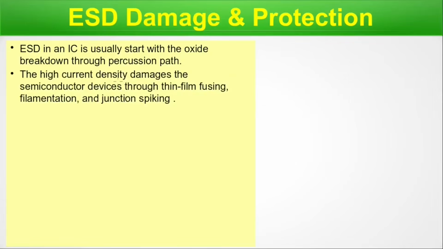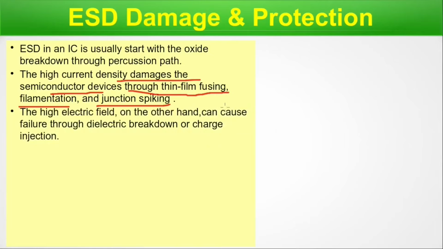The high current density damages the semiconductor devices through thin film fusing, filamentation and junction spiking. So all these things happen when the ESD event happens in a semiconductor chip or device. The high electric field, on the other hand, can cause failure through dielectric breakdown or charge injection.